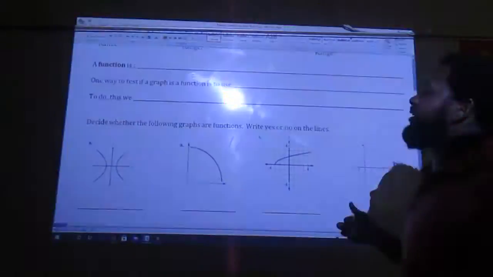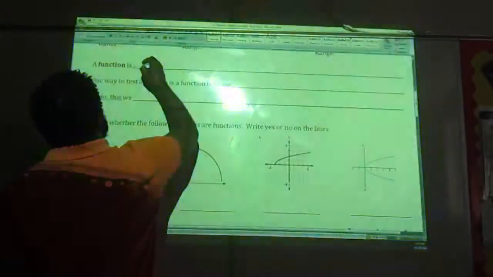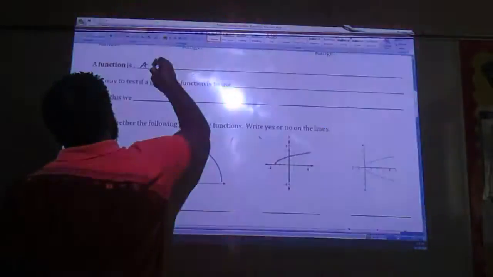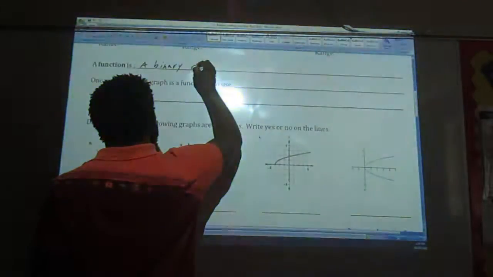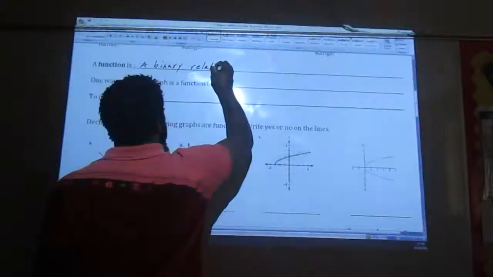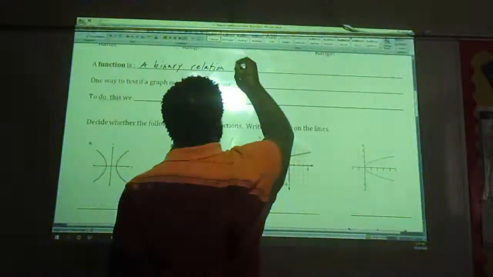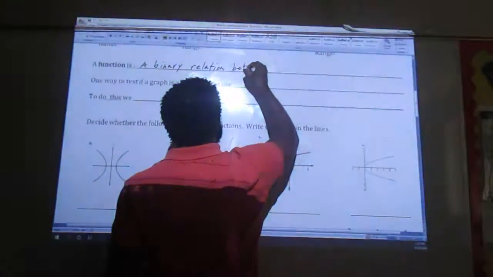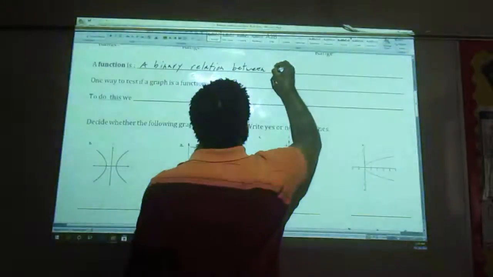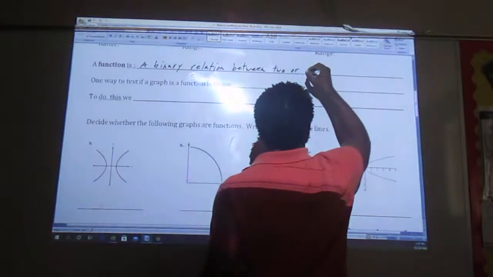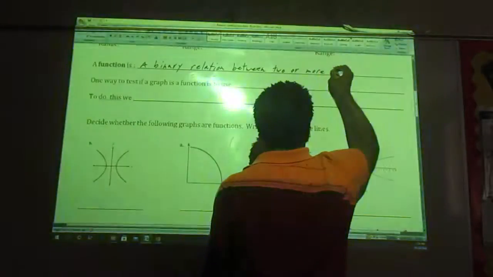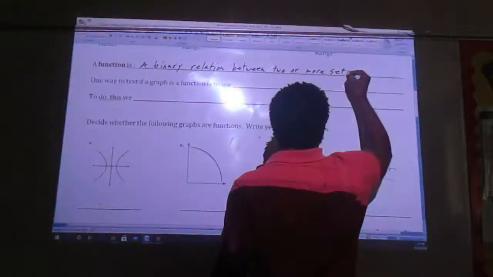A function is a binary relation between two or more sets. Okay?